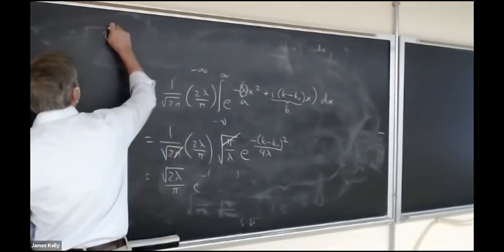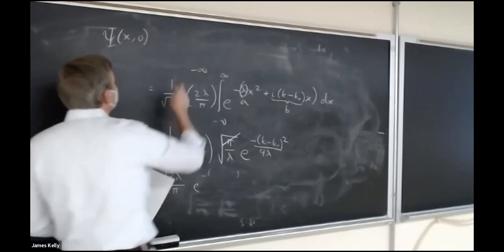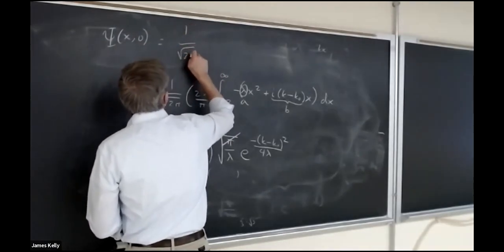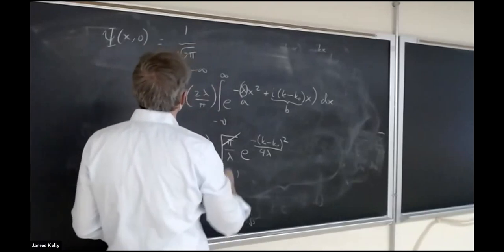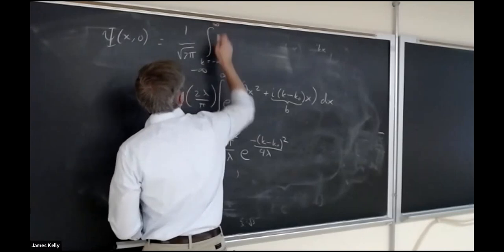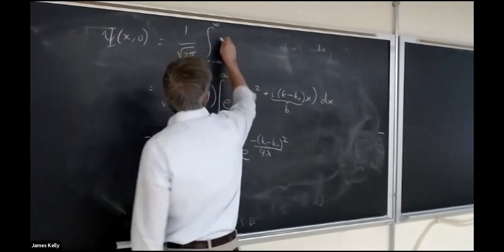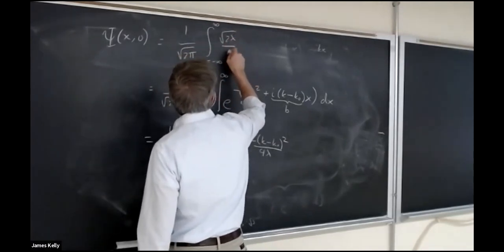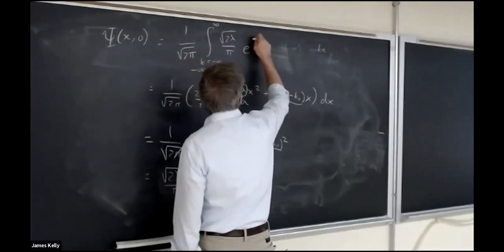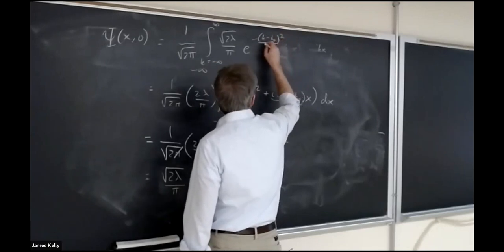Okay. Psi of x, that tells us how to write psi of x and 0 is 1 over root 2 pi times the integral from k equals minus infinity to infinity of phi of k, okay, that's root 2 lambda over pi times e to the minus k0 squared over 4 lambda.